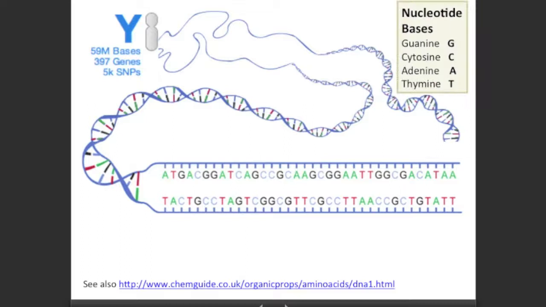And the bases, also called nucleotide bases, are G, C, A, T: guanine, cytosine, adenine, thymine. G always pairs with C, A always pairs with T. You will never see G pairing with A or G pairing with T. You'll never see C pairing with A or C pairing with T. So T, A, T, C, G, T, A, etc.